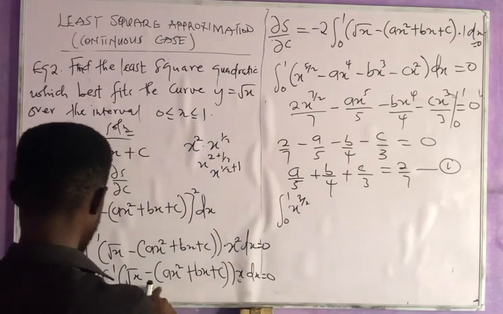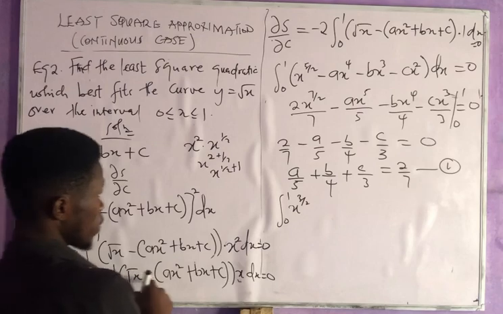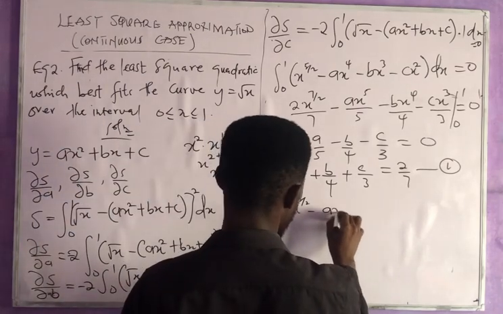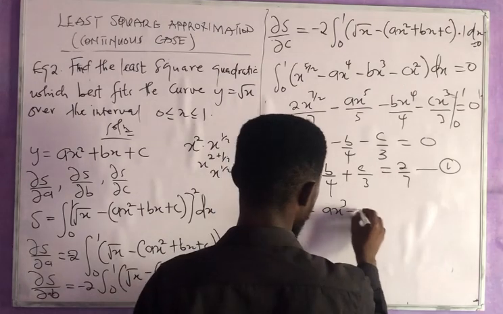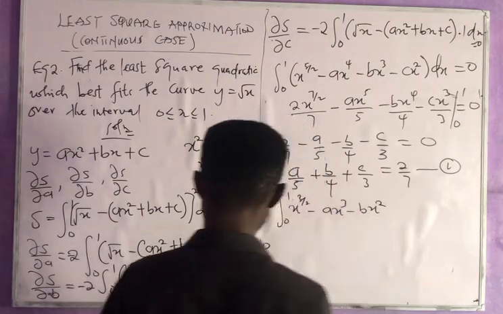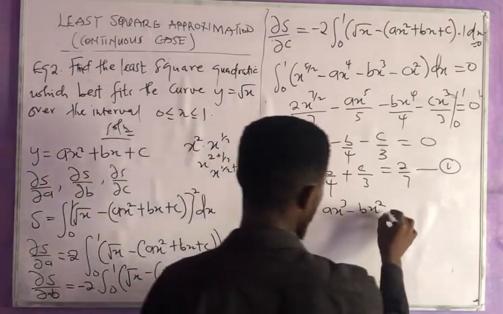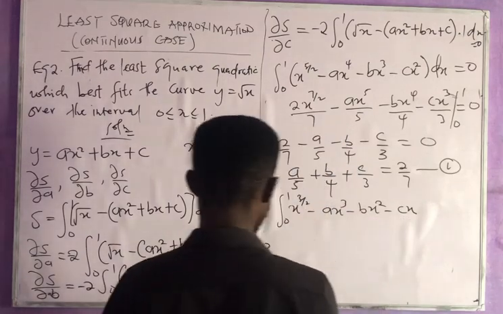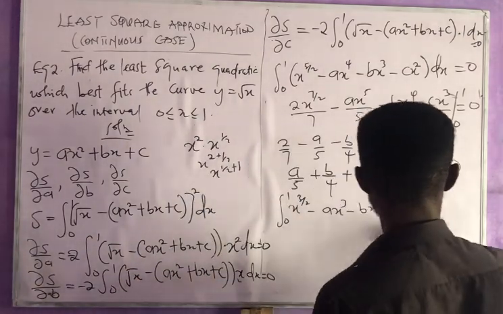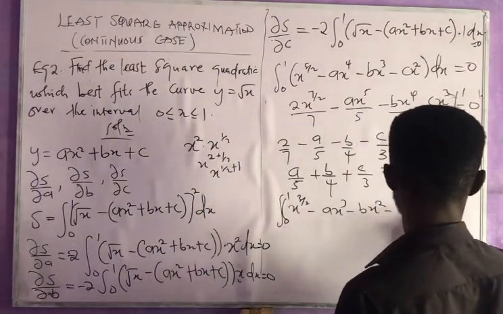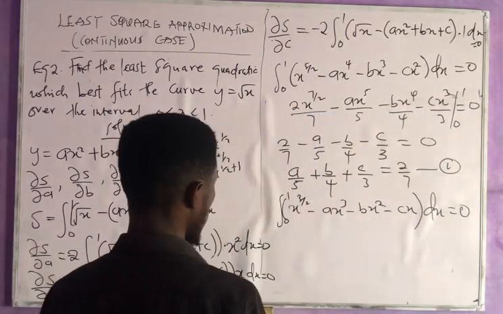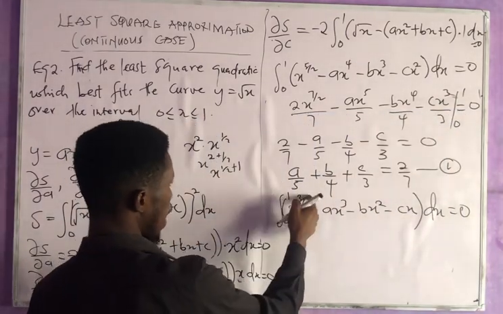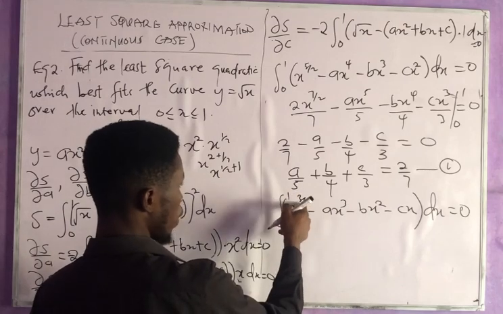Then this x is multiplying this negative sign, so I have negative ax cubed. Then this x is multiplying this, there's a negative sign, so negative bx squared. This multiplying this will be negative cx. Equals 0. So let's try to integrate this. If I add 1 to this, it will be 5 over 2.